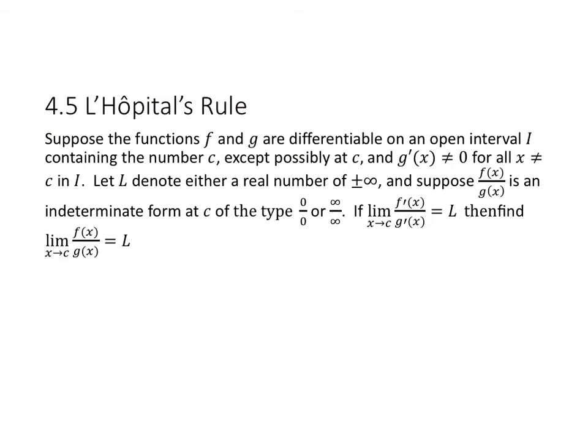So let's read the rule. Suppose the functions f and g are differentiable in the open interval I containing a number c, except possibly at c. If g prime of x does not equal 0 for all x in I, let L denote either a real number or plus or minus infinity, and suppose f of x over g of x is an indeterminate form at c of the type 0 over 0 or infinity over infinity.